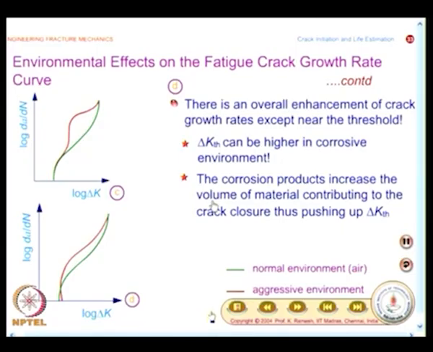So, people have found these variations in the case of crack growth data. Paris did not consider the environment and developed a very elegant law which is purely empirical. Later people have modified it to account for delta K threshold as well as fracture toughness.